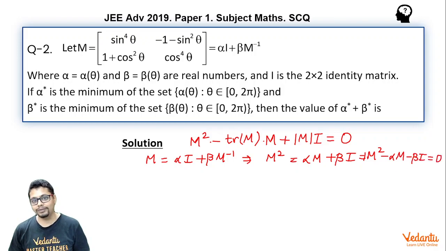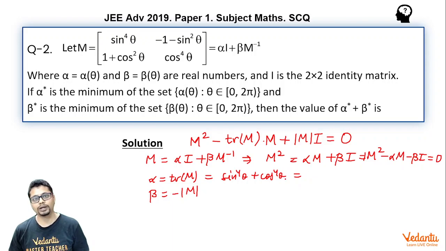And as you compare with this equation, which we have got using Cayley-Hamilton theorem, you get alpha is trace of M and beta is minus times determinant of M. Now, what is trace of M? It is sum of the diagonal elements. So it is essentially sine to the power 4 theta plus cos to the power 4 theta, which you can write as sine square theta plus cos square theta whole square minus 2 sine square theta cos square theta.